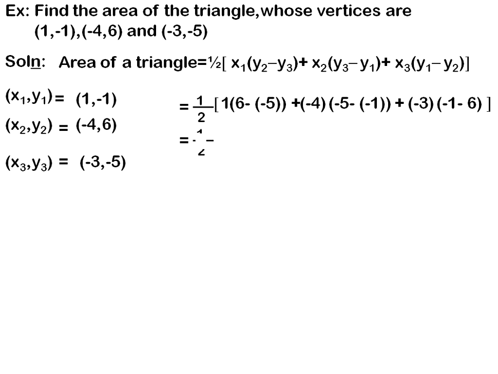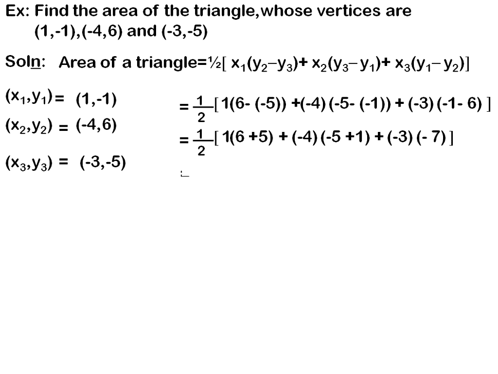Again that is equal to half into the bracket 1 into 6 minus of minus, that is plus 5, plus minus 4 into minus 5 minus of minus 1 is plus 1, again plus minus 3 into minus 1 minus 6, that is minus 7, close the bracket.